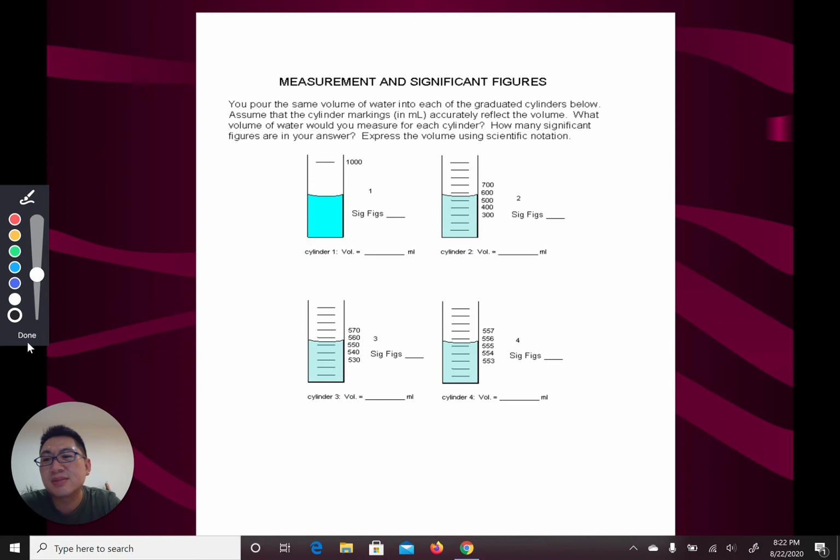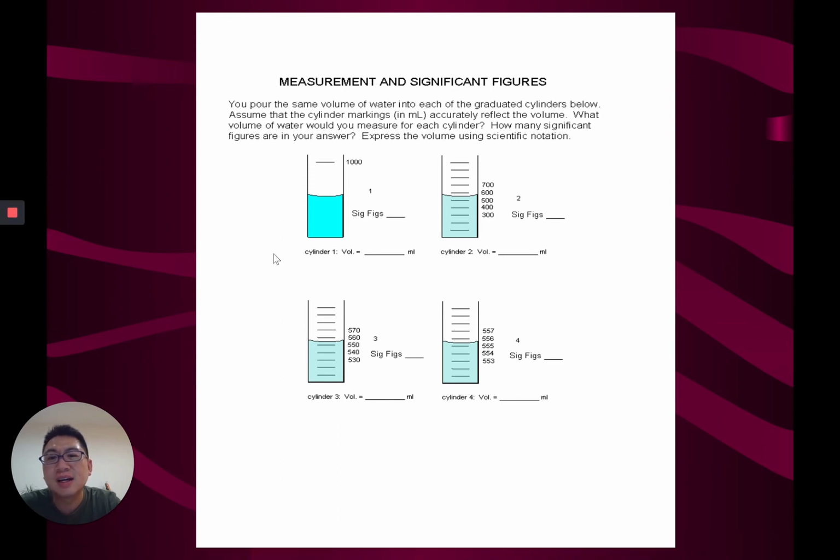So 500 milliliters is the volume, is what I'd say for this. And if I wrote the number 500, that number would have one significant figure. I'm even guessing it's around 500. It really could be 400 in this picture, maybe 600, but I think it's about halfway. I'm going to estimate 500. That's one significant figure.